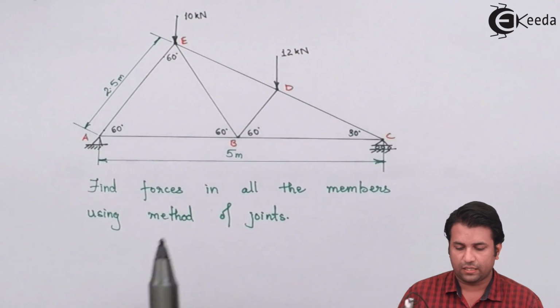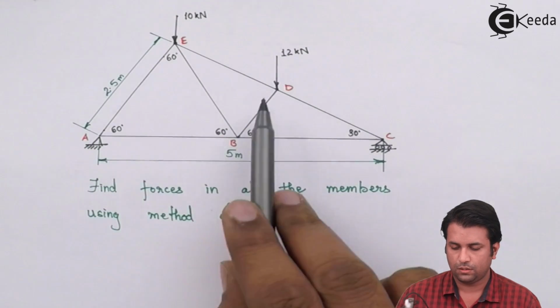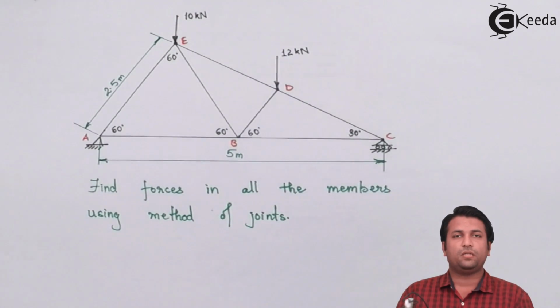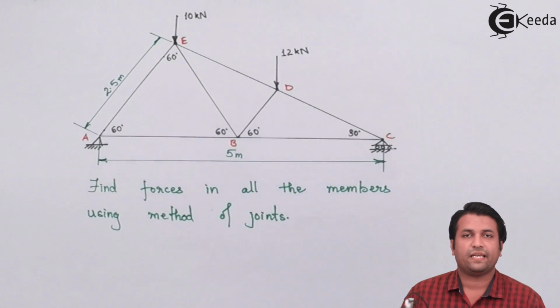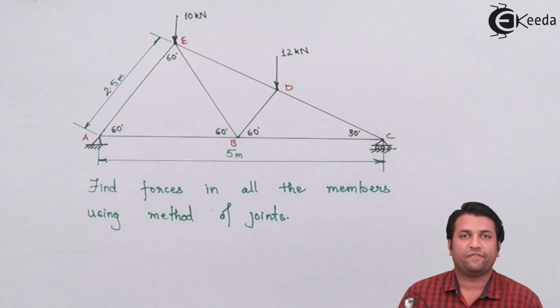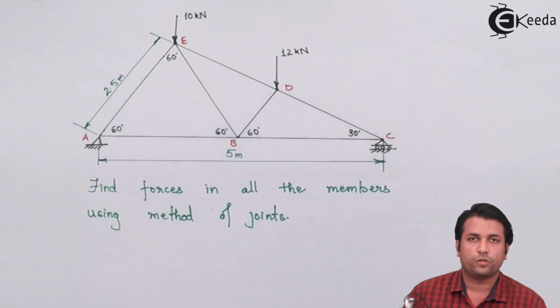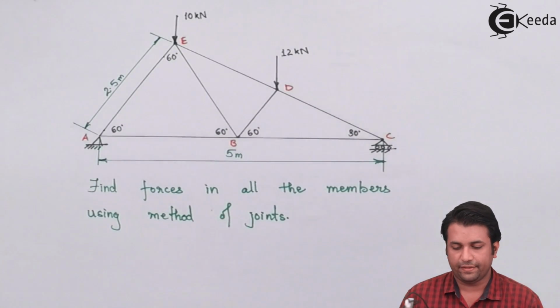number of joints, we have 5 joints. So if I put this in the stability criteria, that is m equal to 2j minus r, I should get it as a perfect truss. That means my left hand side should be same as my right hand side.